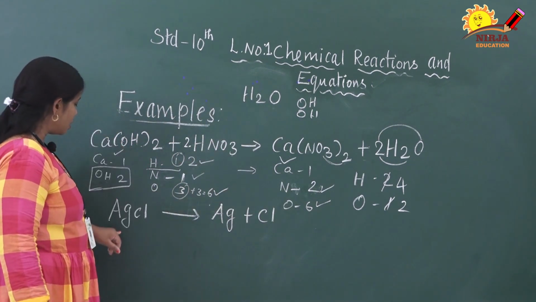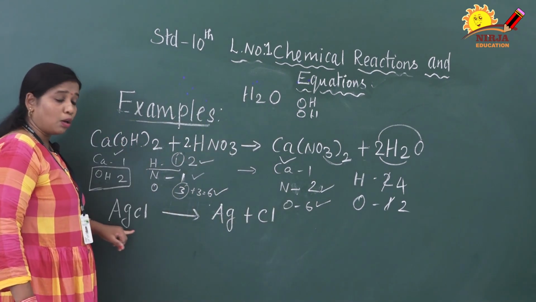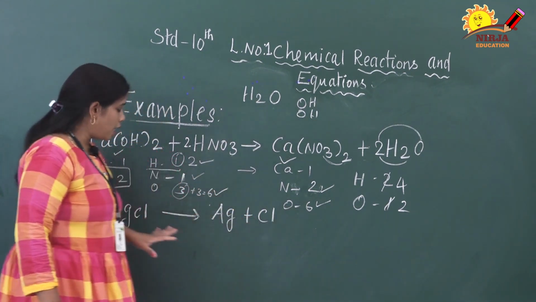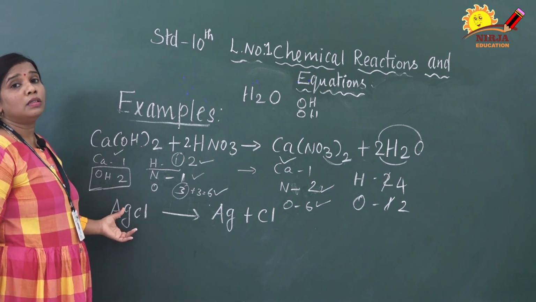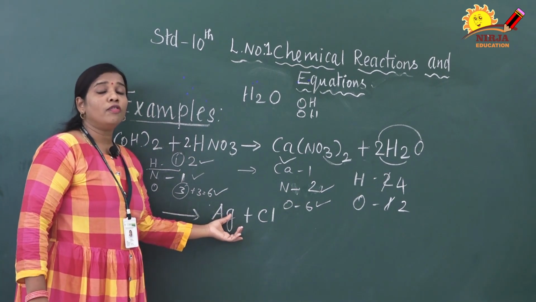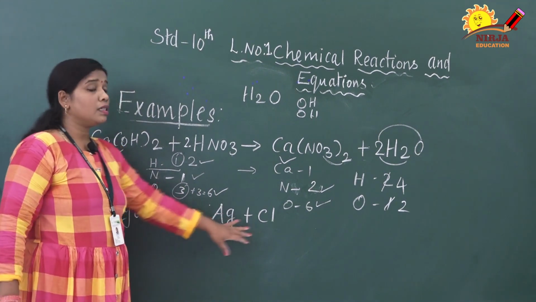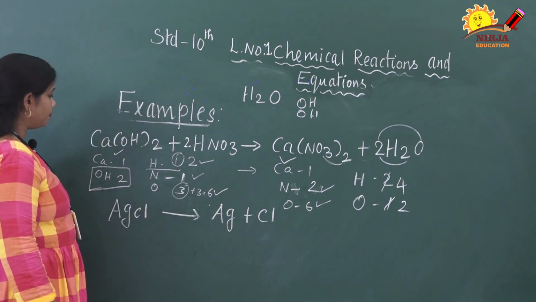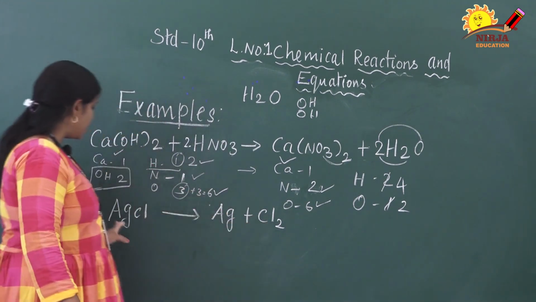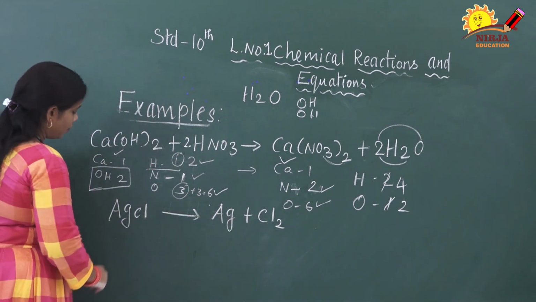Next we are going to discuss AgCl, that is silver chloride, which produces silver and chlorine. Here the reactant side only one substance. It produces 2 different substances as product, that is silver and chlorine. Now you see here Cl2 you have to write, chlorine always combines in the 2 form. Now we have to check.